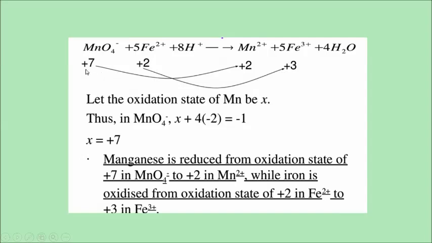So +7 to +2 is getting reduced, that is, a decrease in oxidation state. And the other one is an increase in oxidation state. Just now we explained that an increase in oxidation state is oxidation, and a decrease in oxidation state is reduction. So this way also we can explain oxidation and reduction.